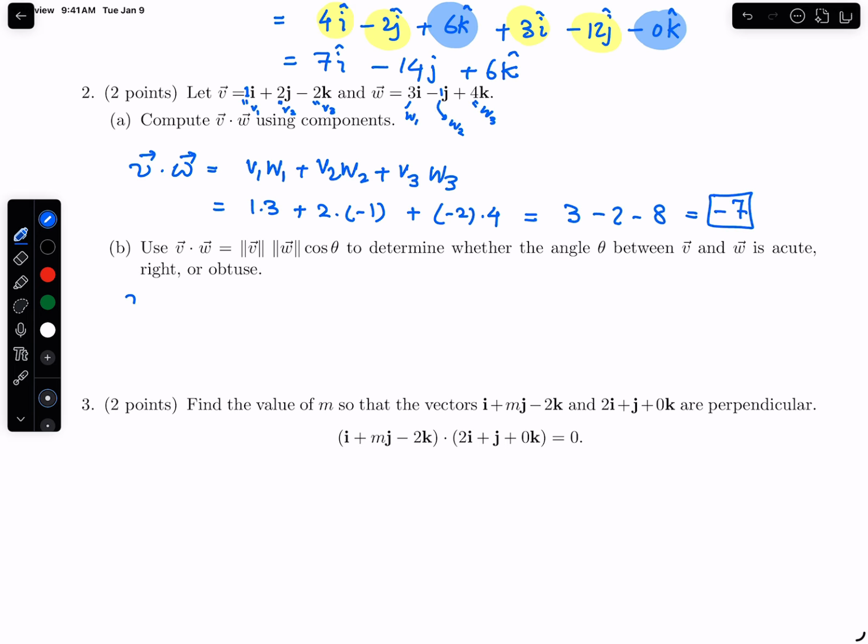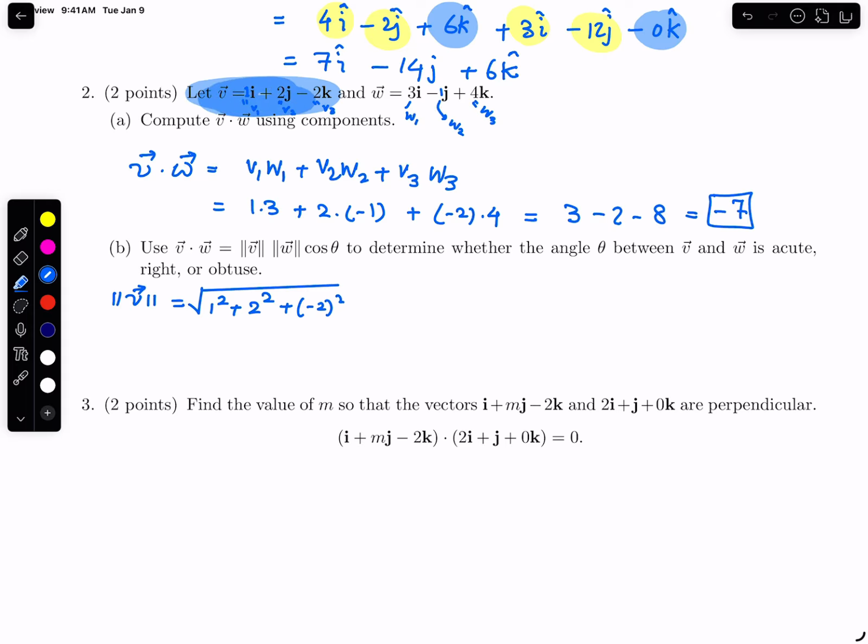So for that, first I need the magnitude of vector v, and the magnitude of vector v is the square root of v1 square plus v2 square plus v3 square, which is 1 square plus 2 square plus negative 2 square.